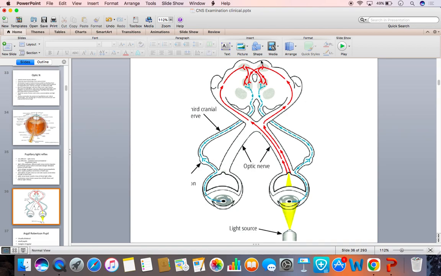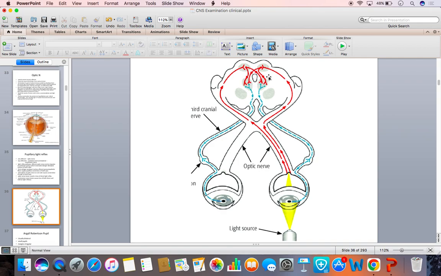So it stimulates the retina. The optic nerve is stimulated and carries the impulses to the pretectal nucleus. From there, these are the Edinger-Westphal nuclei.